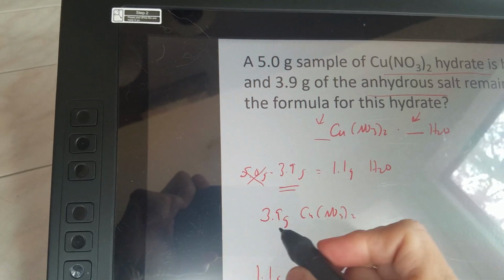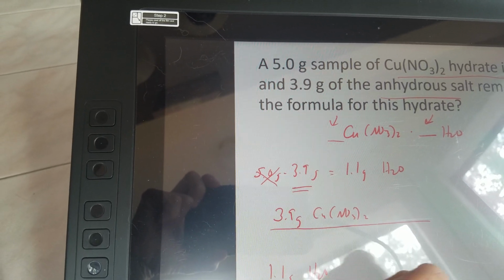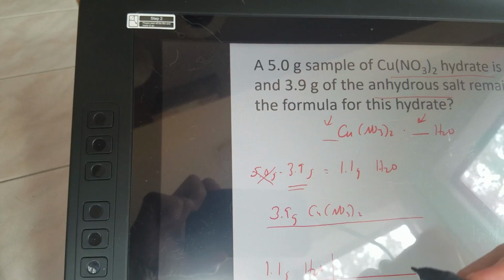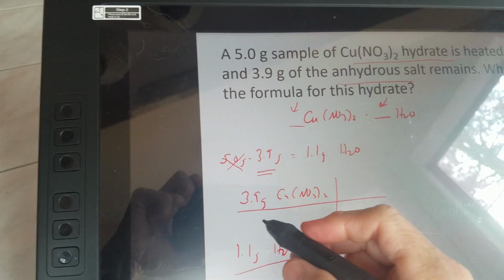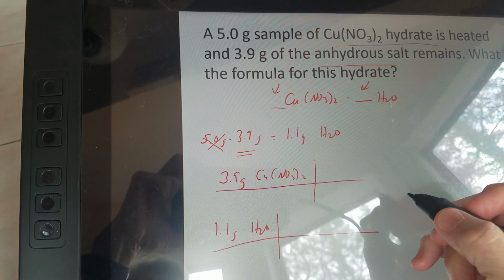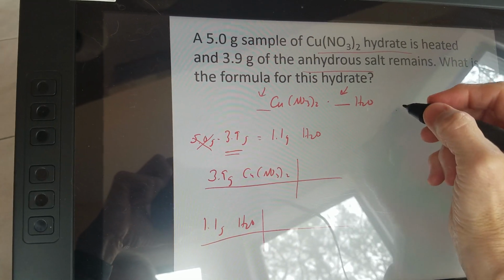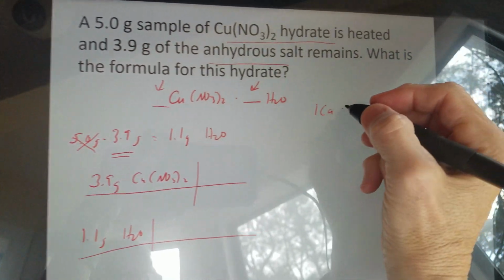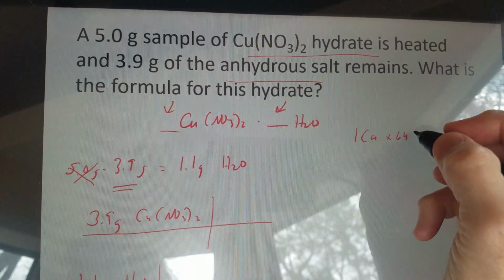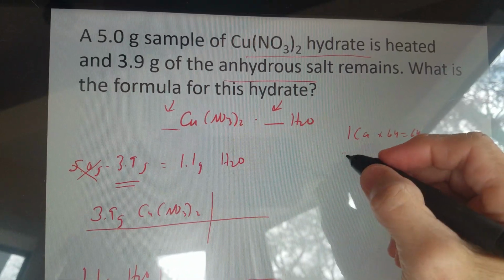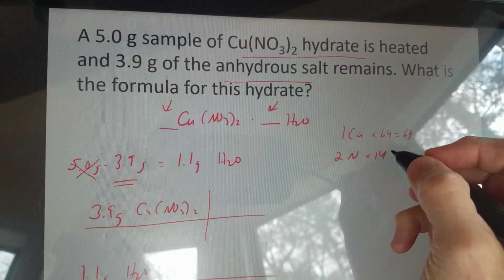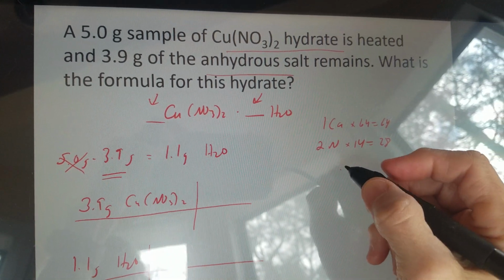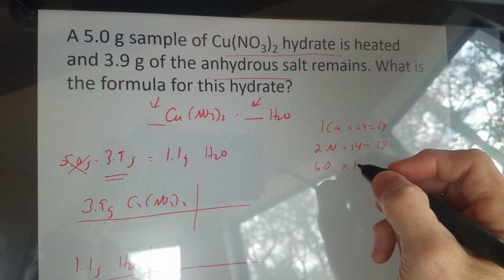Just like before when we had our individual elements for the empirical formula, we're going to take these grams and convert them into moles. So I have 1 copper at 64, 2 nitrogens at 14, and 6 oxygens at 16.